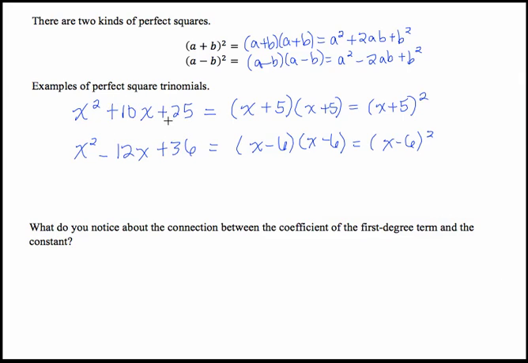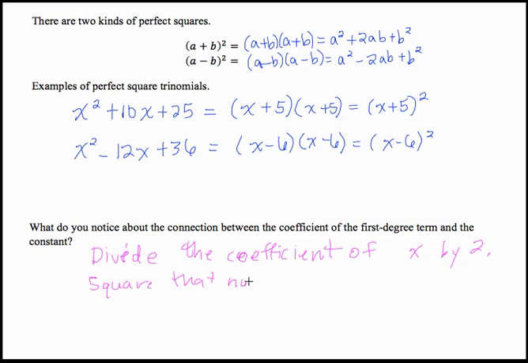Or how do you get from negative 12 to positive 36? And it's always the same. You're going to divide the coefficient of x by 2, and then square that number to get the constant term.